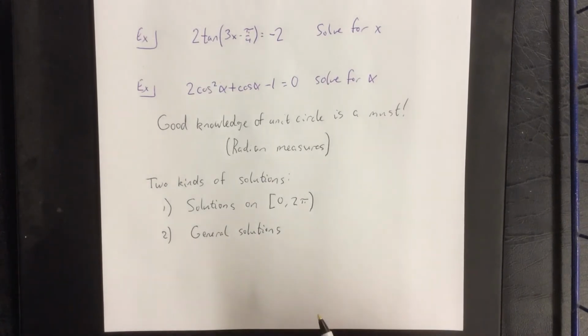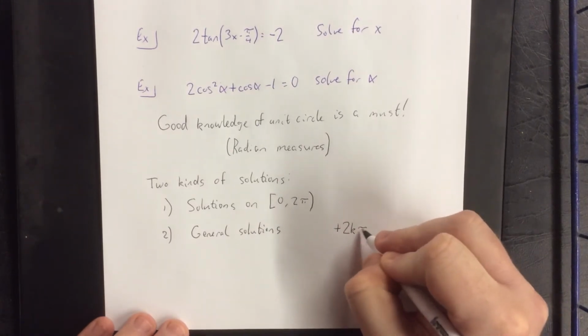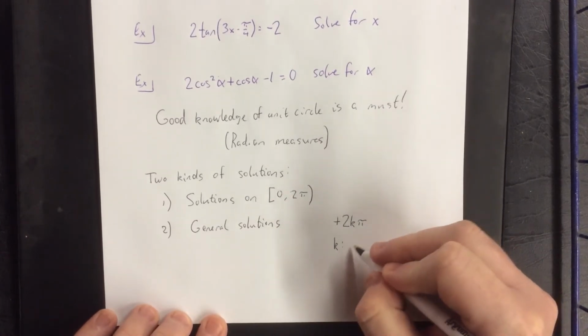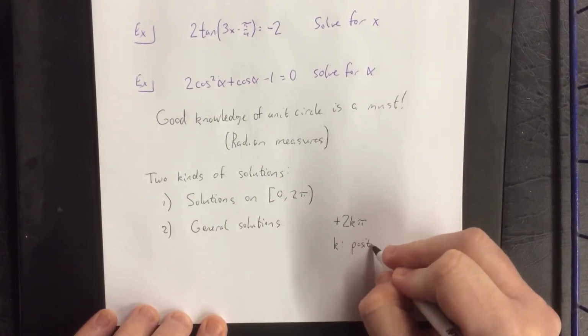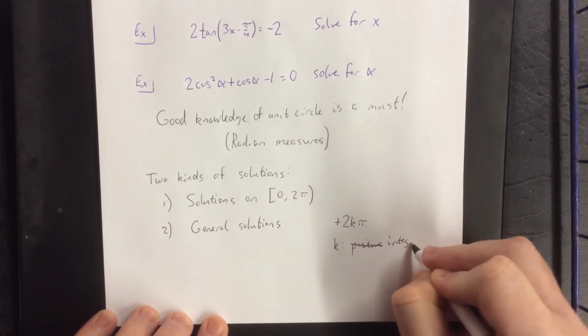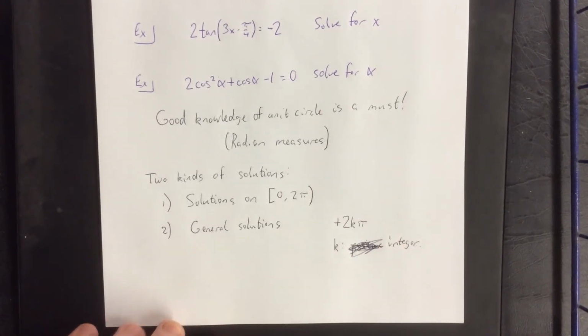Now, generally when we talk about general solutions, there will be plus 2k pi involved, where k represents an integer. Excuse me, not a positive integer, just an integer. That's my mistake. Just an integer. So similar to when we saw other properties about this is where a maximum occurs and this is where a minimum occurs for a sine or a cosine, that 2k pi tended to show up from time to time.